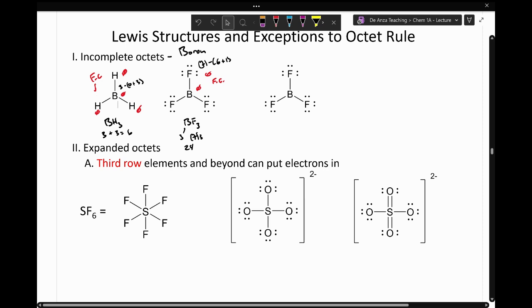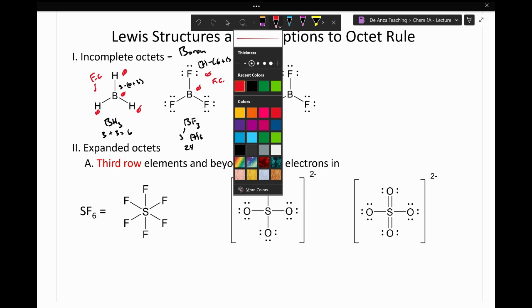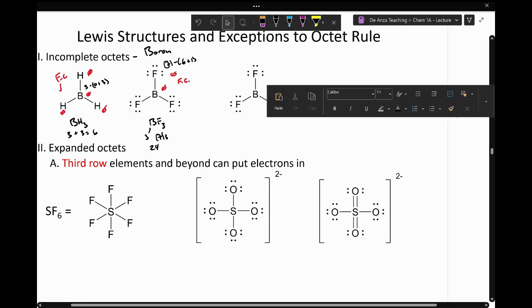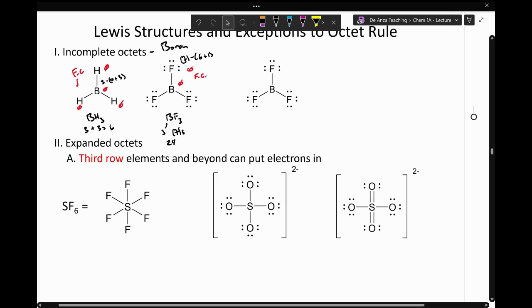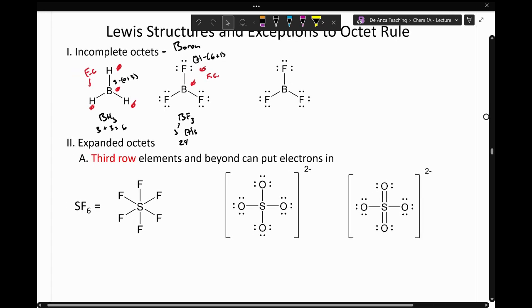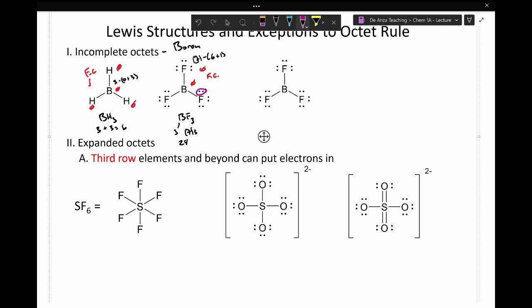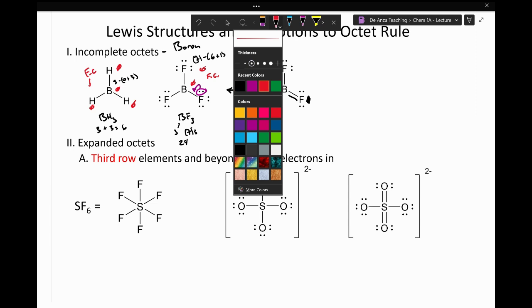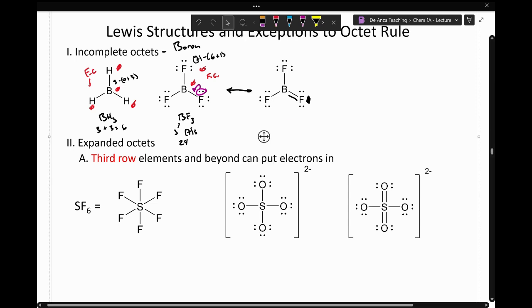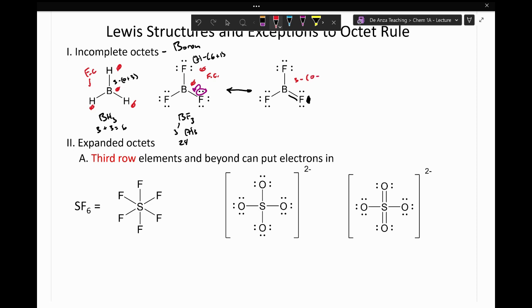And so if you look at, in the case of BF3, which is actually capable of doing multiple bonding, as opposed to BH3 where we had used up all 6, trying to take those electrons from one of these fluorines and forming that double bond to give boron an octet, to give us something that looks like this, where we've lost one of our lone pairs, what we end up with in terms of formal charge is that boron likes to have 3, and it has 0 lone pairs and 4 bonds.